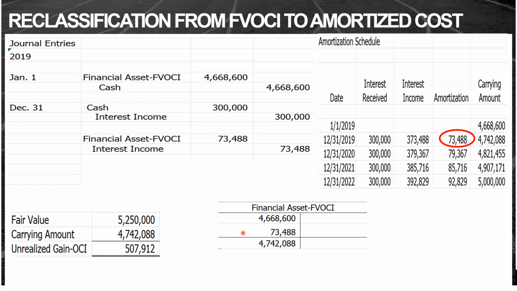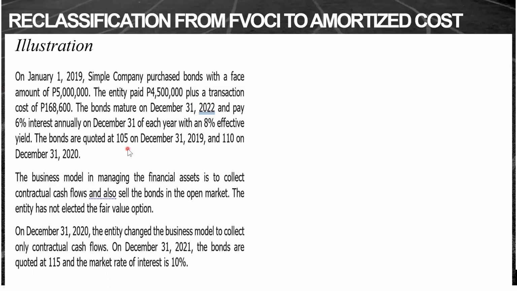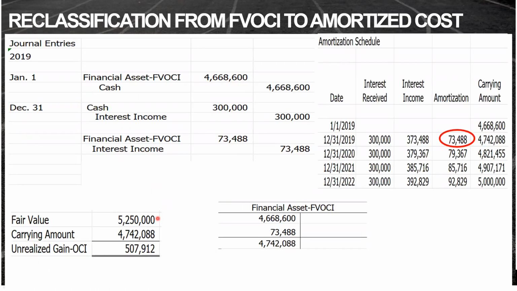Take note, this is given in the problem. Based on the problem, the bonds are quoted at 105 on December 31, 2019 and 110 on December 31, 2020. Accordingly, the fair value is computed as 105% of the face amount of 5 million.